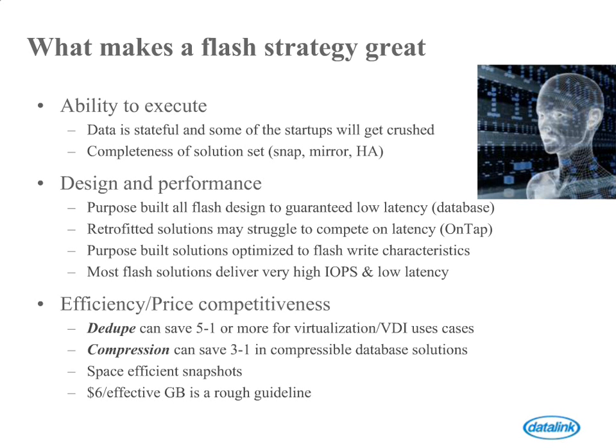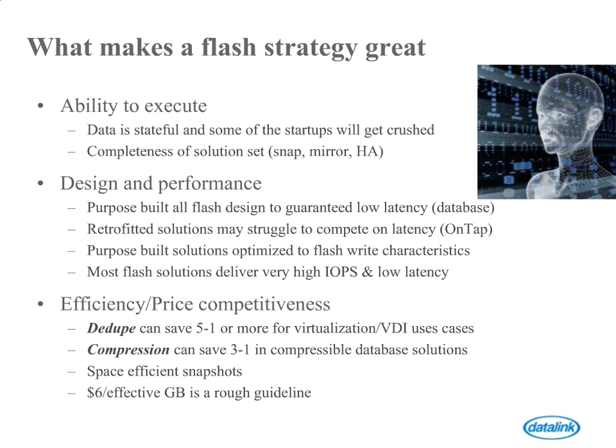We're also looking at how a particular architecture deals with some of the issues we mentioned earlier around wear leveling and garbage collection, so that we can deliver consistent writes not just on day one, but 2 years into the future. We also have to look at the efficiency capabilities of the products and how that is able to make a product price competitive, not just in dollars per IOP, but also in dollars per gig.